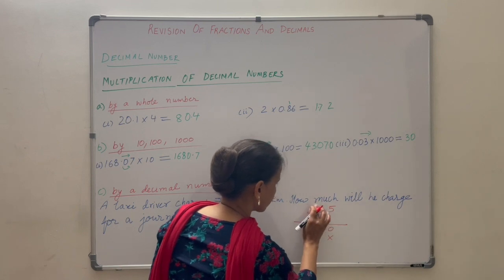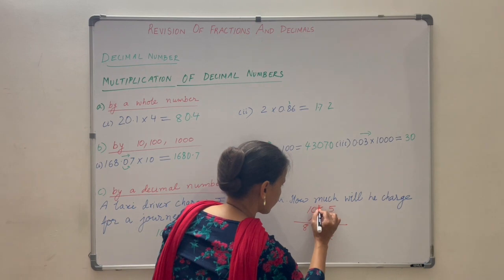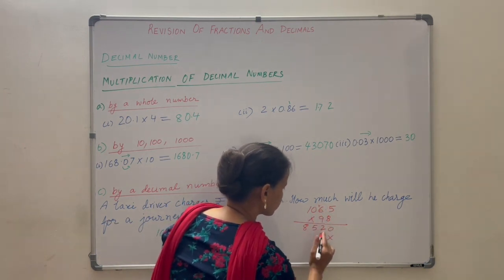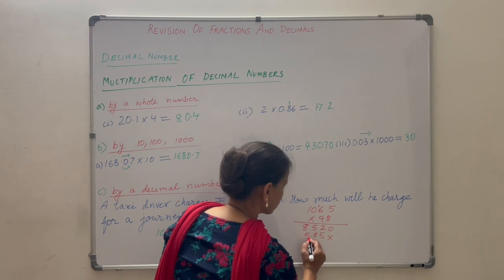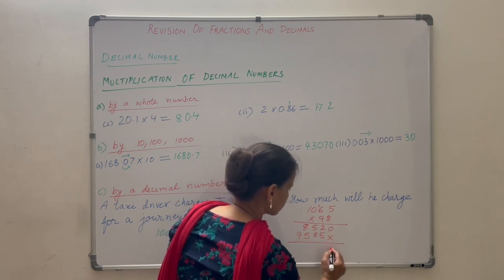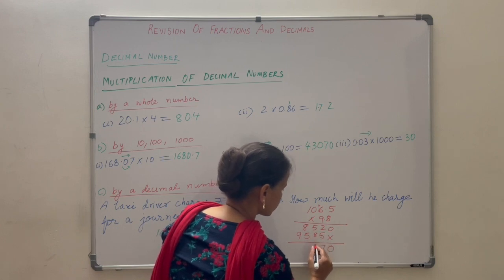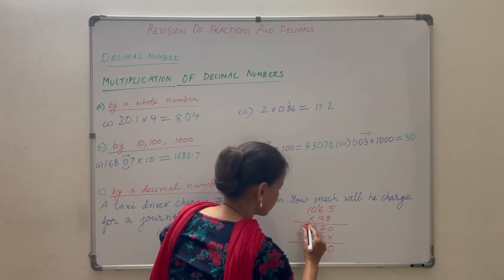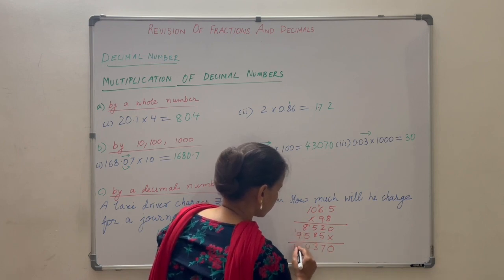Now you will multiply 9 5s are 45, carry over 4, 9 6s are 54 plus 4 is 58, carry over 5, and 9 ones are 9. So this is 0, 7, 8 plus 5 is 13, carry over 1, 9 plus 5 is 14, carry over 1.